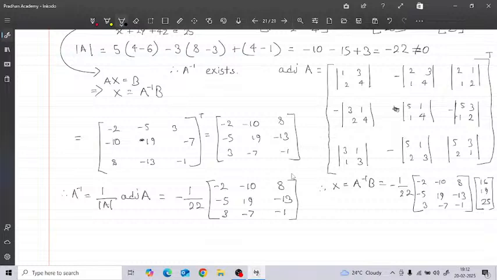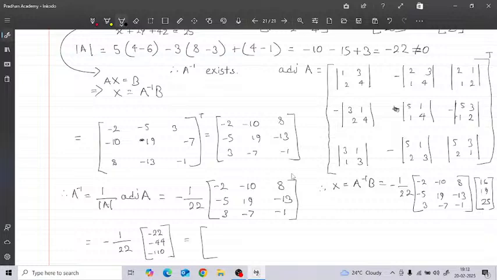Now let's calculate 1 by 22 multiplied by them: minus 32 minus 190 plus 200, that will give you minus 22, minus 80 plus 361 minus 325 will get you minus 44, then plus 48 minus 133 minus 25 will give you minus 110.